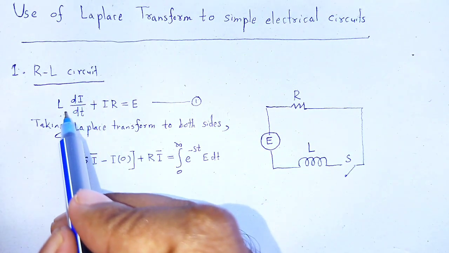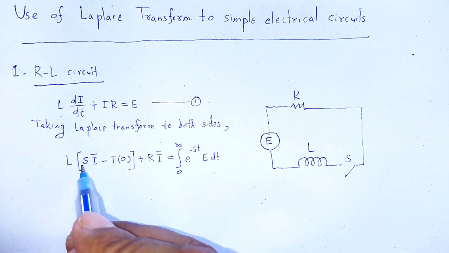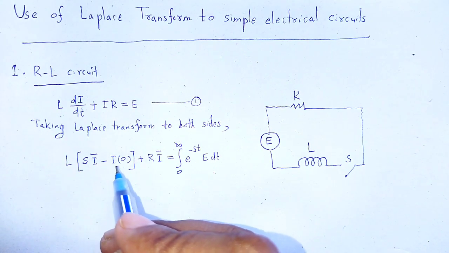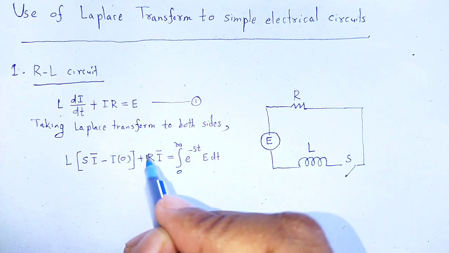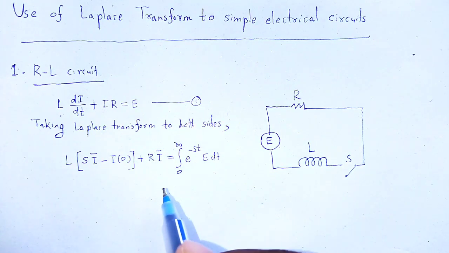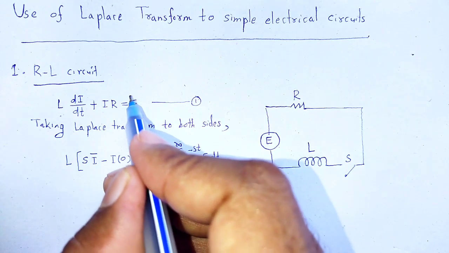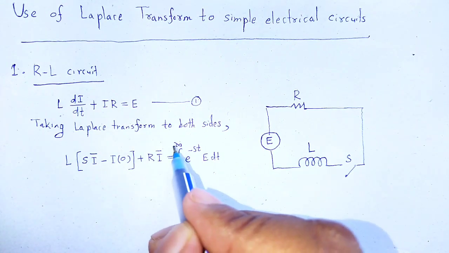So, the Laplace transform of di by dt is s I bar minus I at 0, the Laplace transform of IR is R times I bar, as R is a constant, and the Laplace transform of E is from the definition.